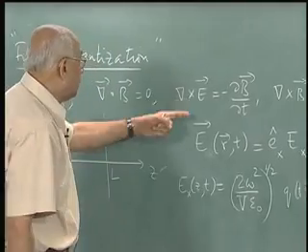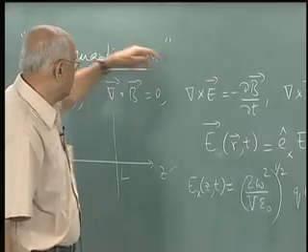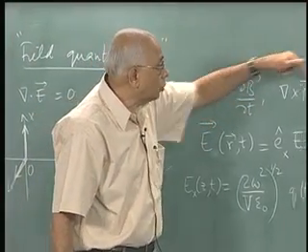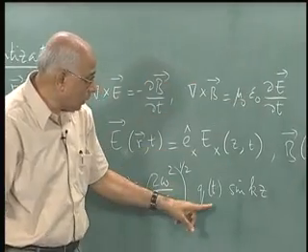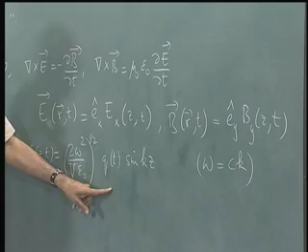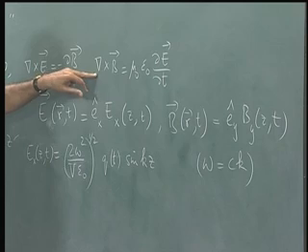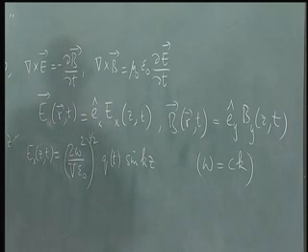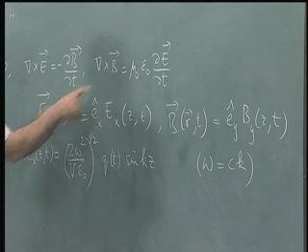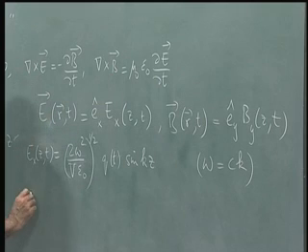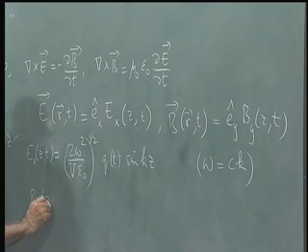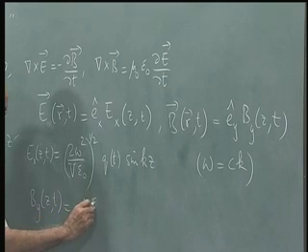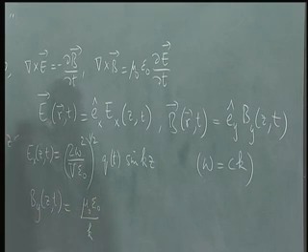Then if you put that into this equation and you solve, then delta E over delta t will have a Q dot of t, and that is del cross B, and B we already know is in the y direction. So if you work it out, the del cross B is going to bring out a factor k, so By of z and t turns out to be mu naught epsilon naught divided by k.